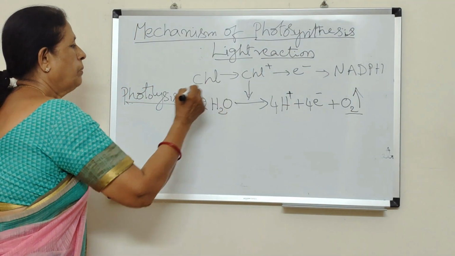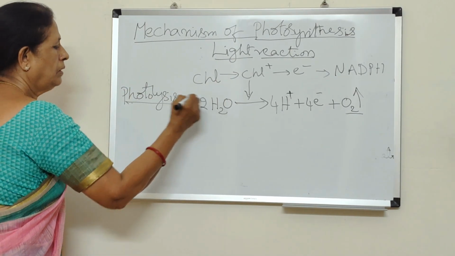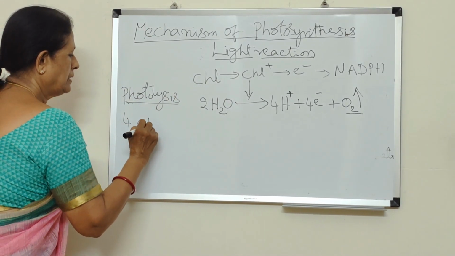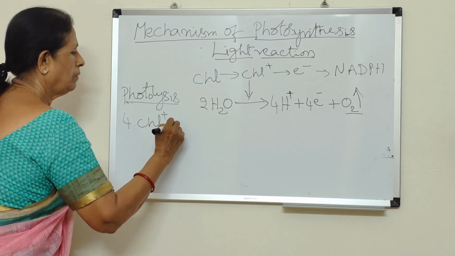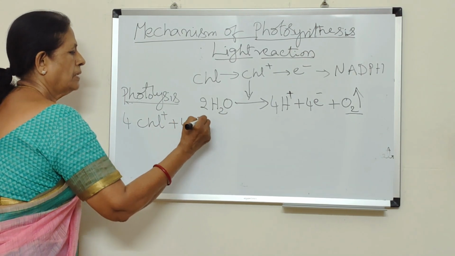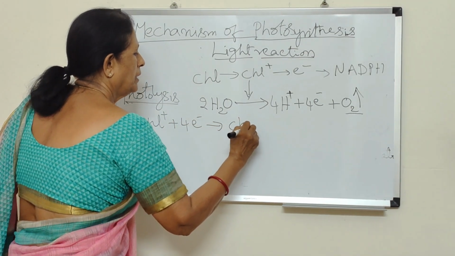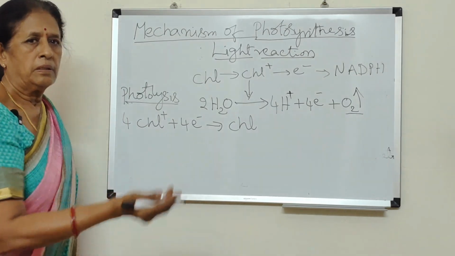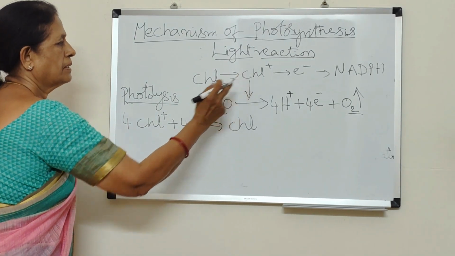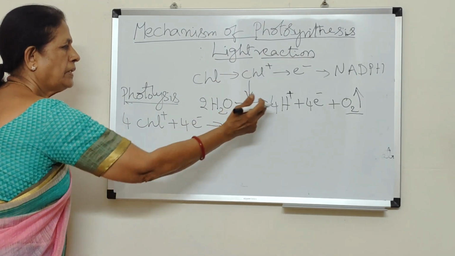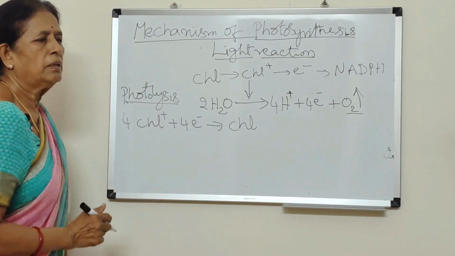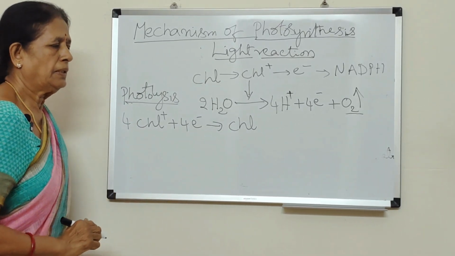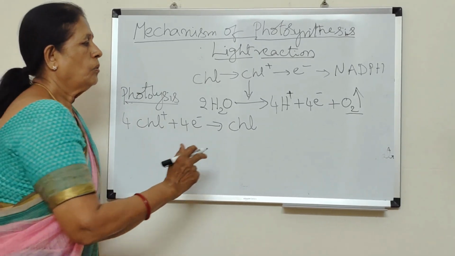Now this oxidized chlorophyll molecule will accept the electrons and get back to normal condition. It will take the electrons and get back to the normal chlorophyll condition. Do we understand?